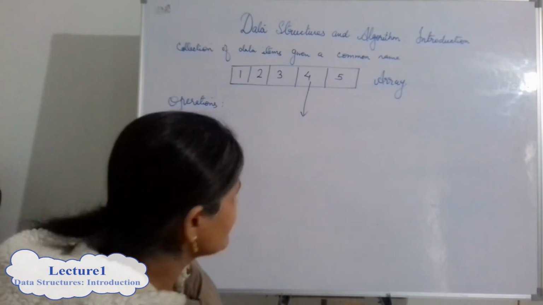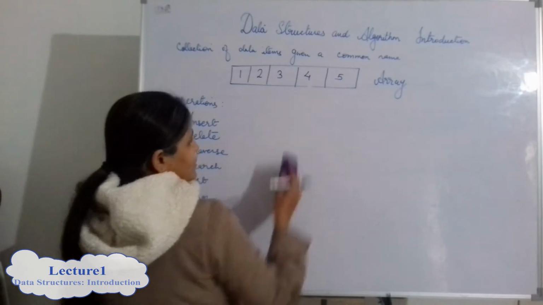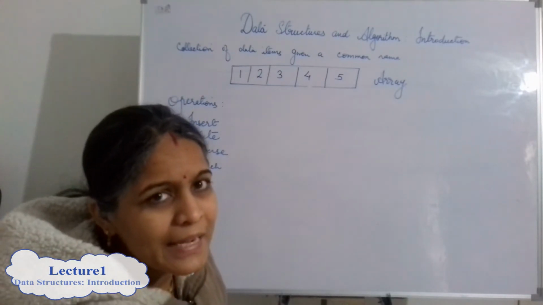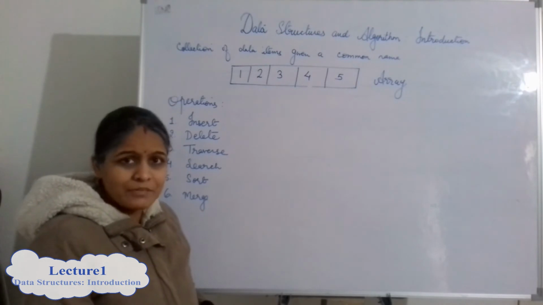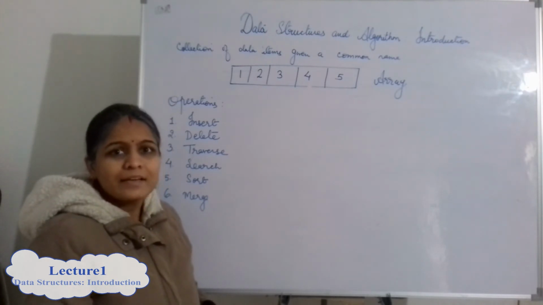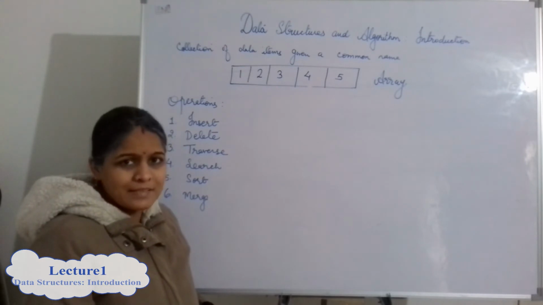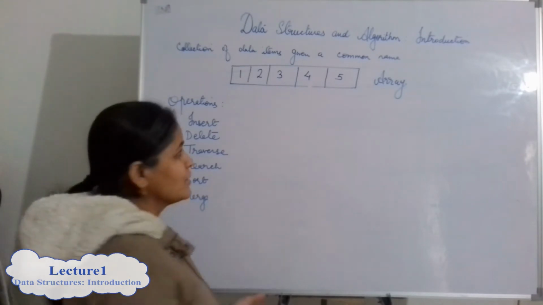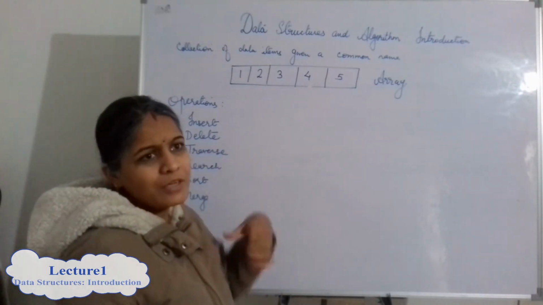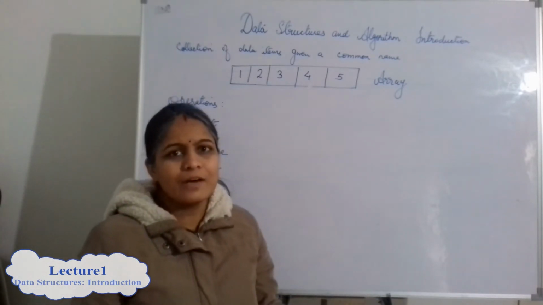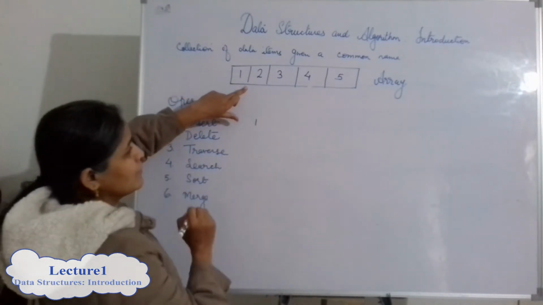Okay. Now traverse operation. Traverse operation is what? Accessing each element of the list exactly once so that certain items in the list can be processed. For example, I would like to traverse this array and would like to print the elements of array. So, I will go to the first element and print 1.